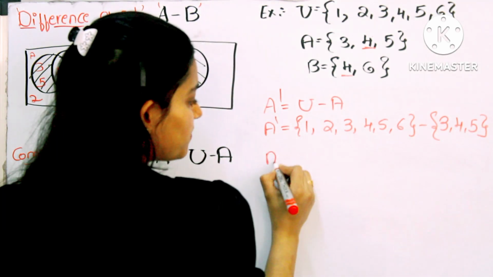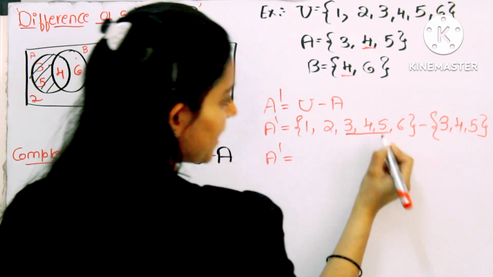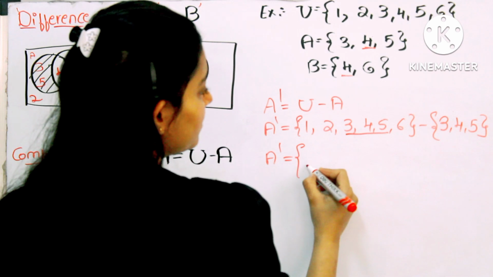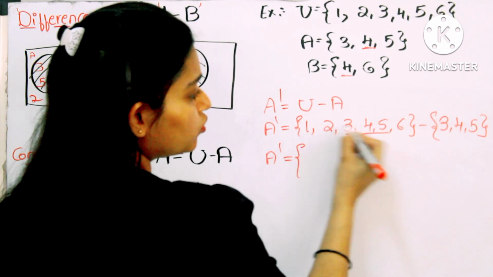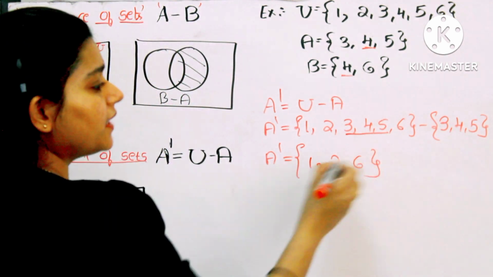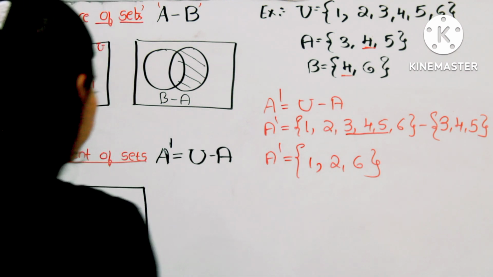Now subtract 3, 4, 5. So what is remaining in U? 1, 2, 6. So write that down: 1, 2, 6 is A complement.